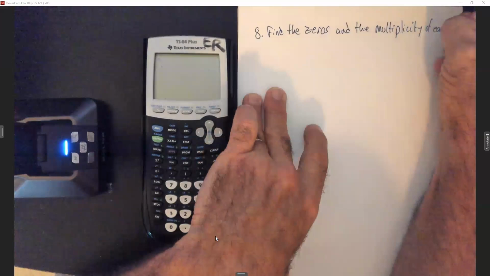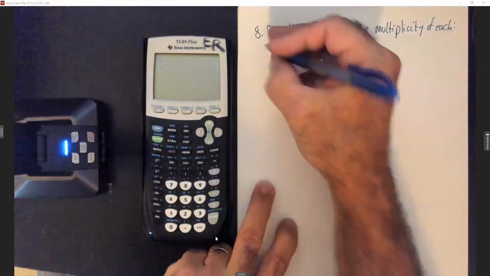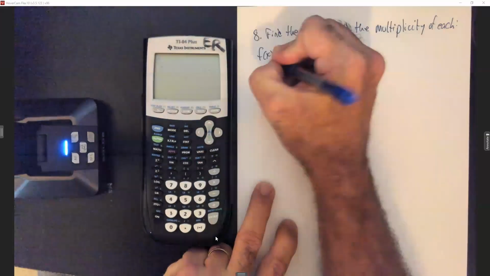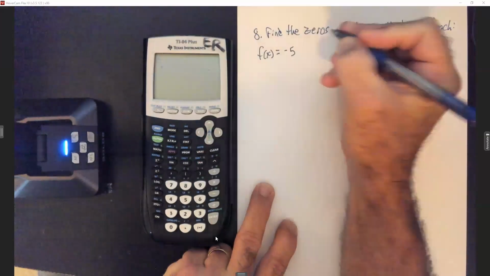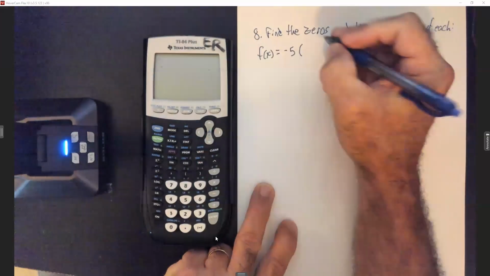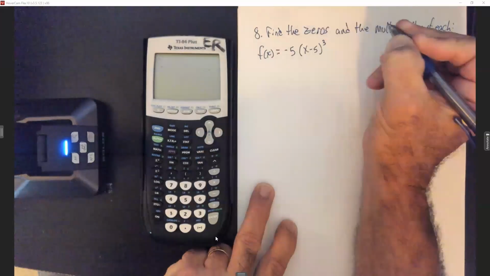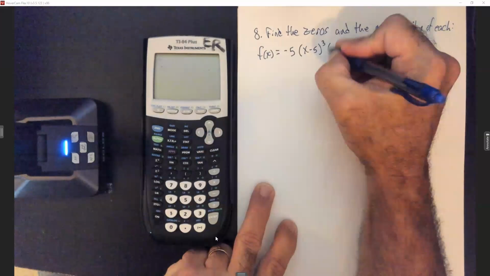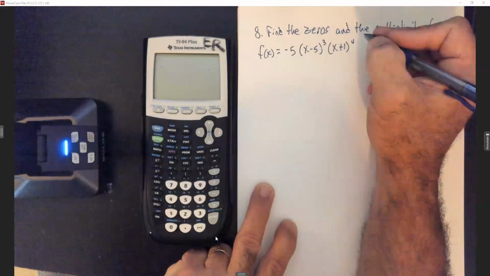All right, so find the zeros and the multiplicity of each. In this one, they're giving us f of x equals -5 times parentheses x minus 5 to the third, x plus 1 to the fourth, and then x squared.